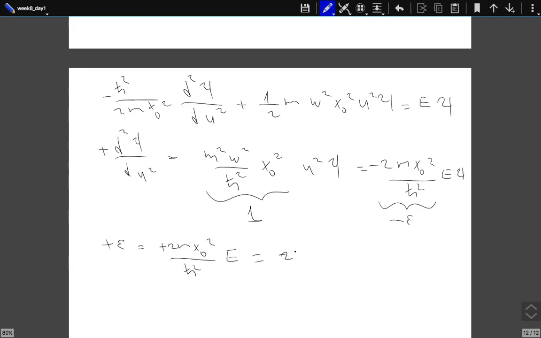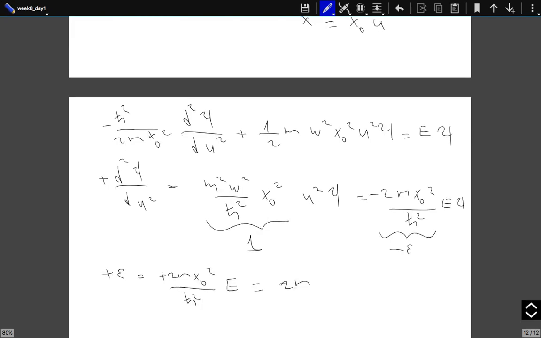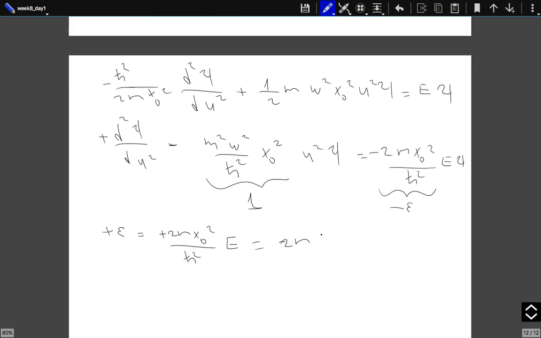This is 2m x0 squared, which is h bar over m omega, times 1 over h bar squared E. Well, let's see, these m's will cancel, one of these h bars will cancel.